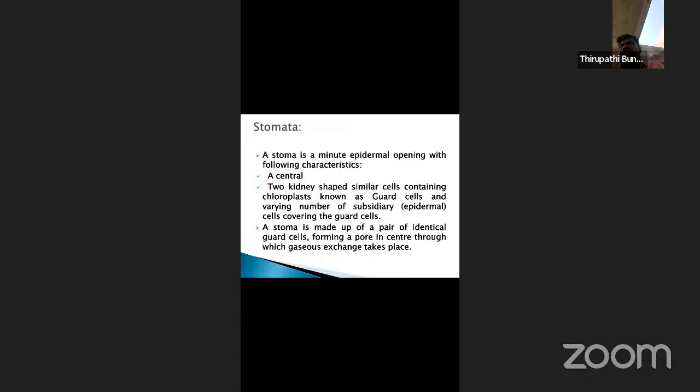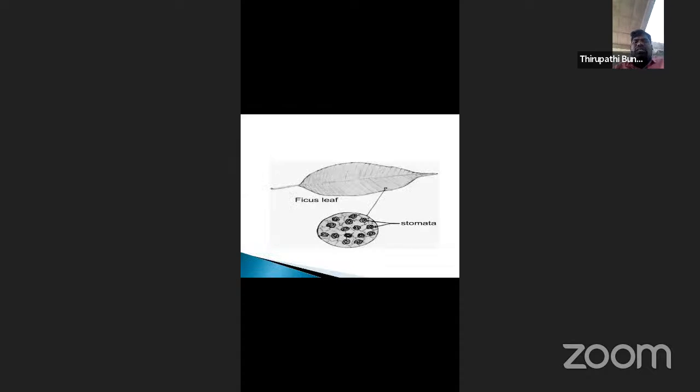Next, types: anomocytic, anisocytic, paracytic, diacytic.